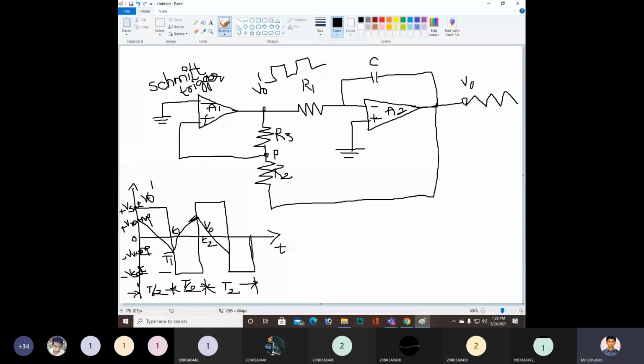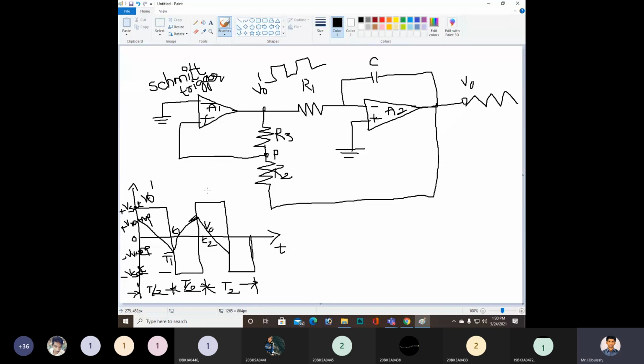The A2 value will increase. If A1 is at positive V saturation, the A2 value will decrease to minus V ramp. But if A1 is at minus V saturation, the output of A2 will increase up to plus V ramp. That is what I am saying here.